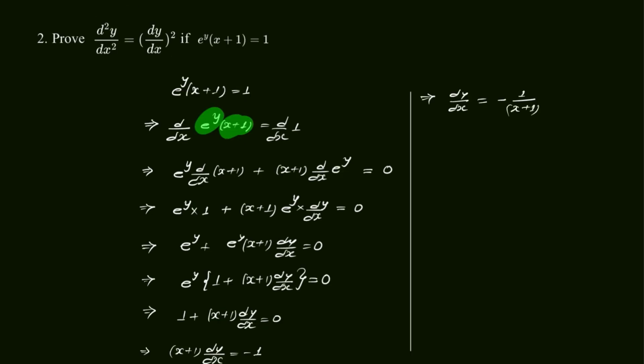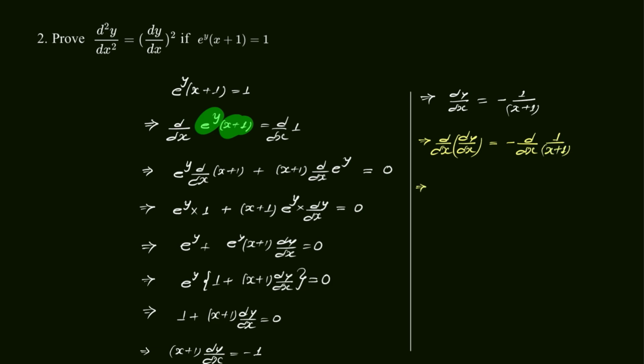Now since we have got the value of dy/dx, we will again differentiate in order to get d2y/dx2. So differentiating both sides with respect to x again, it will be d/dx of dy/dx equals minus d/dx of 1/(x + 1).